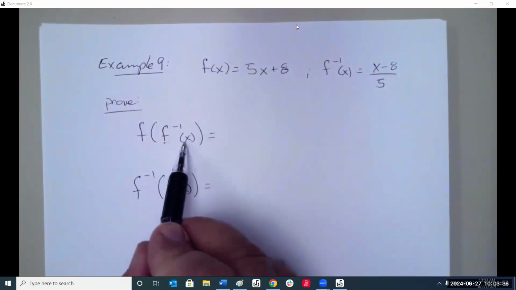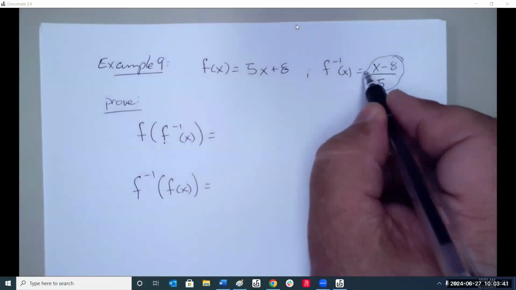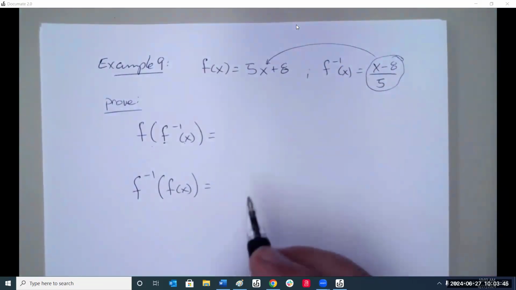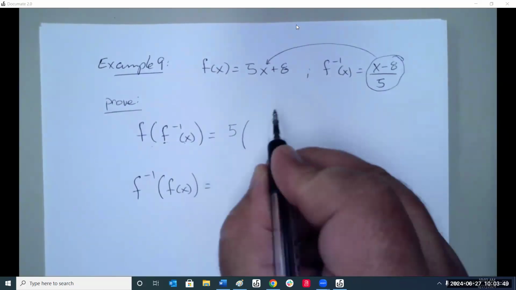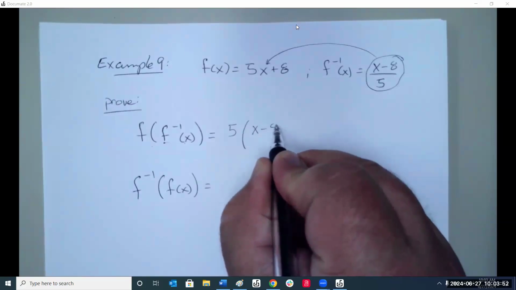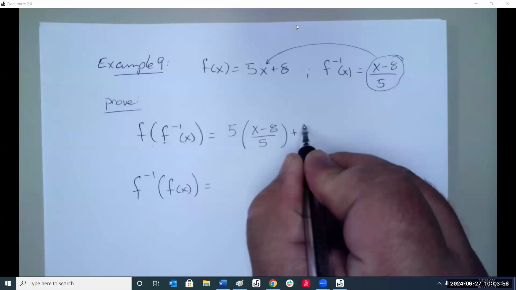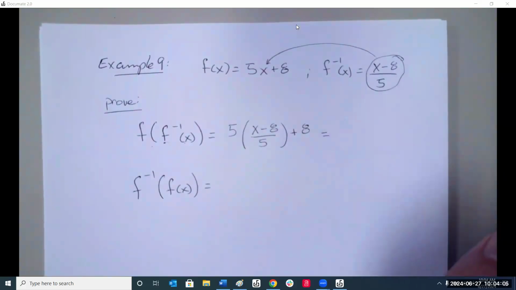So we have the f inverse of f. Take this inverse function, plug it in place of f. First thing, the 5's cancel.